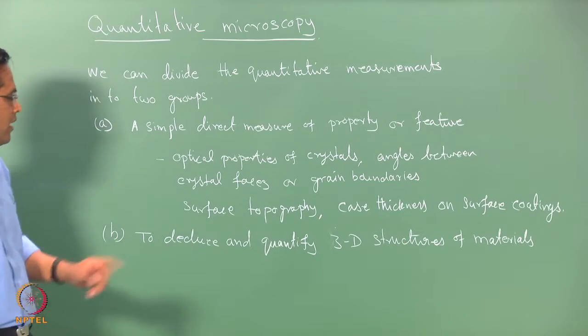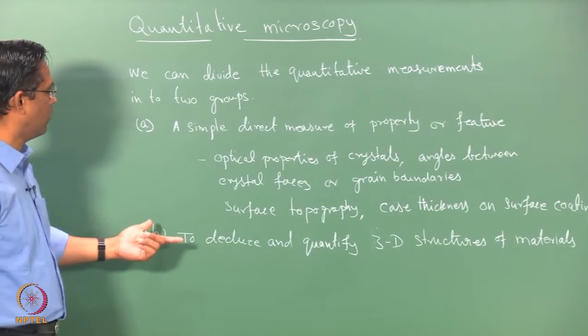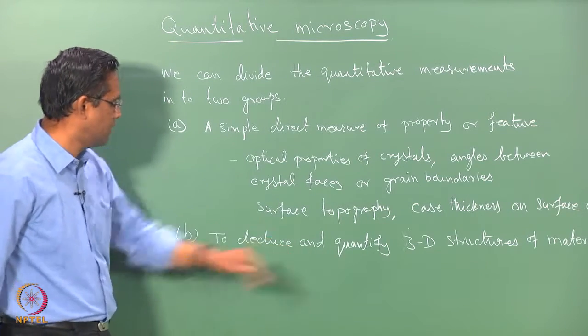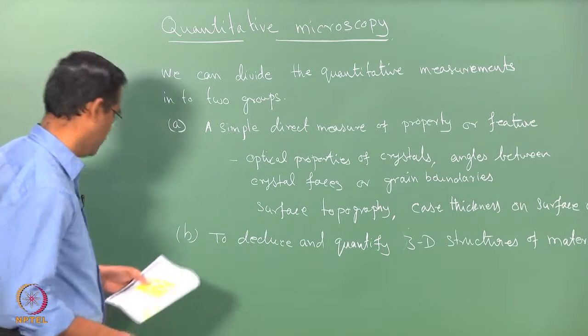So, this is the second measure in quantitative microscopy. So, how are these things visualized? Let us see.